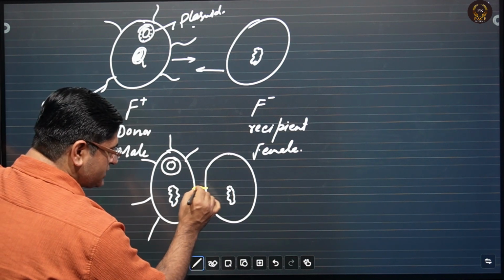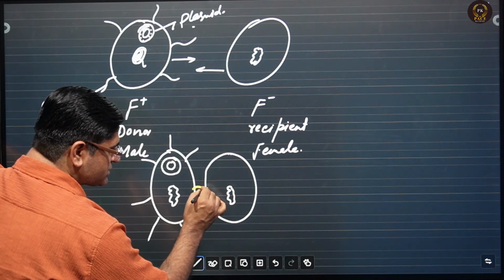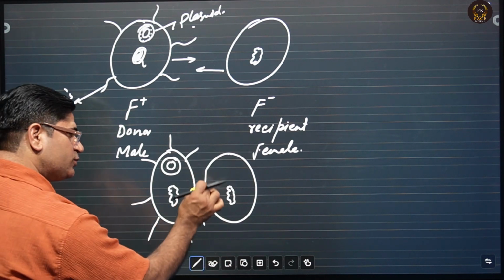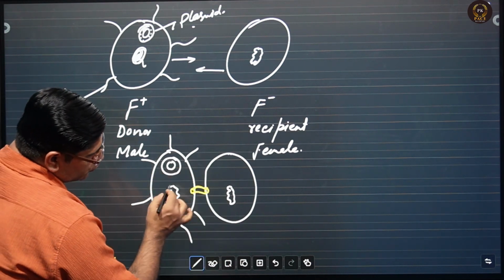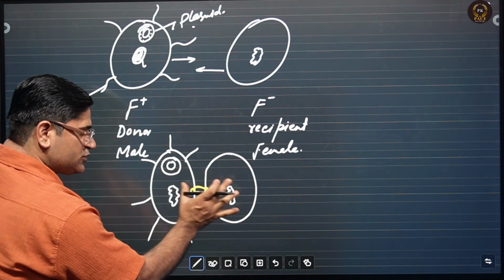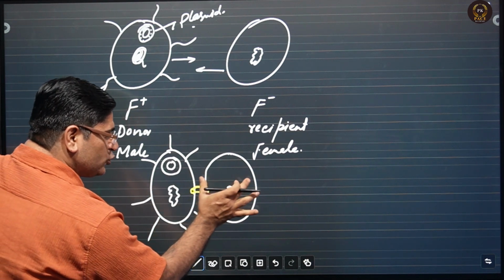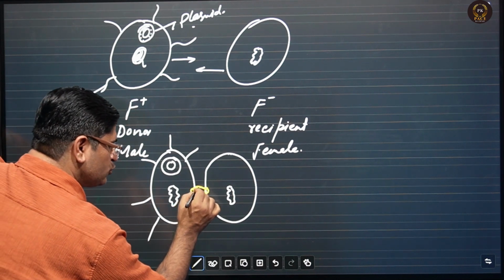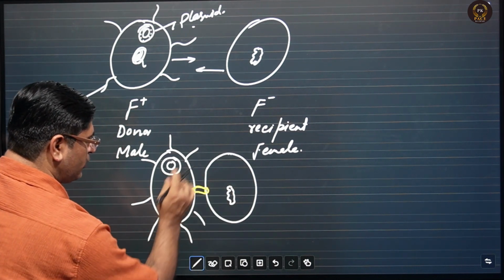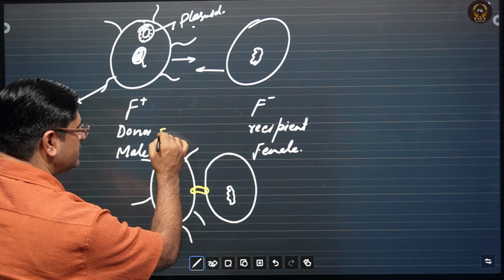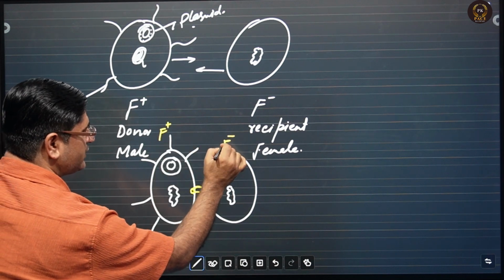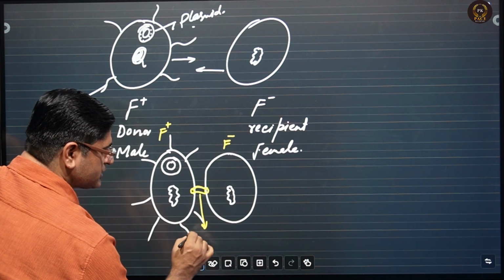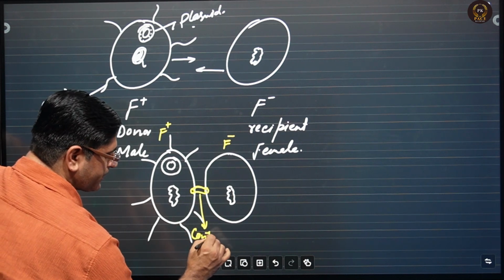This pili gets converted into a tube-like structure, and the tube is formed between the two bacteria, but those bacteria do not fuse. Without fusion, this tube combines these bacteria, F positive and F negative. This tube is known as the conjugation tube.